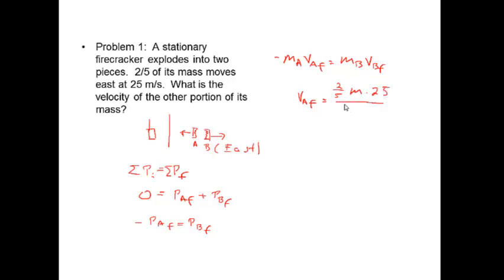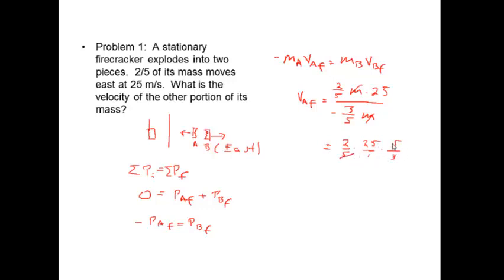So what's left over? Well, if 2/5 goes one way, then 3/5 must go the other way. And we have a negative, so move this negative over here. Masses cancel. 2/5 times 3/5, so that'd be 2/5 times 25 over 1 times 5 over 3.